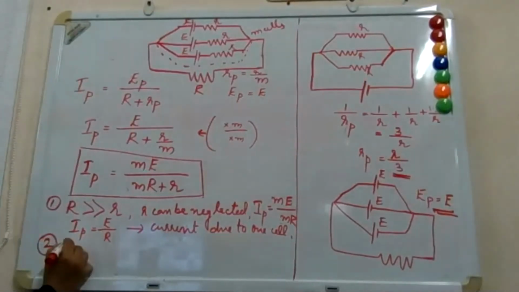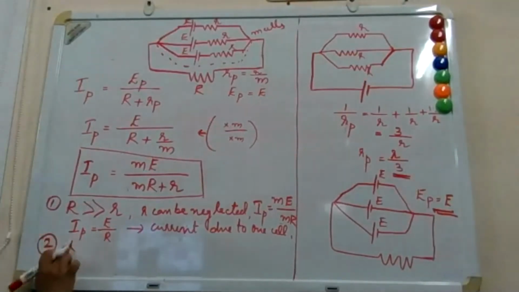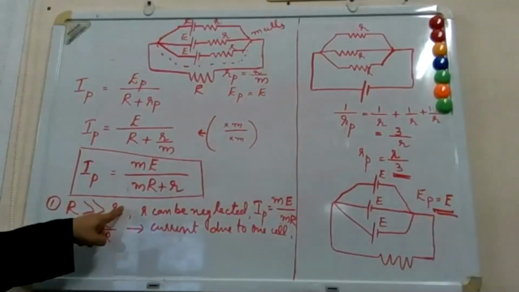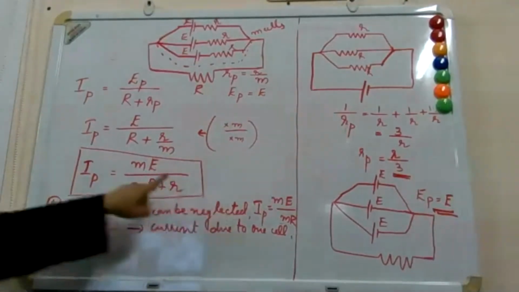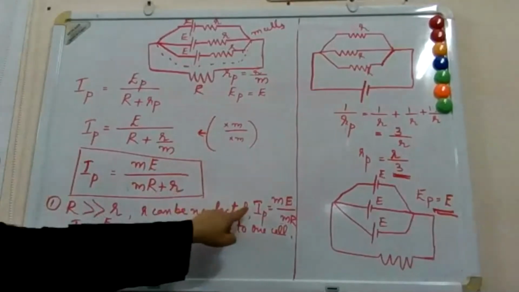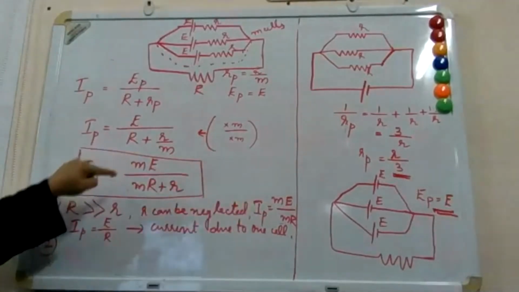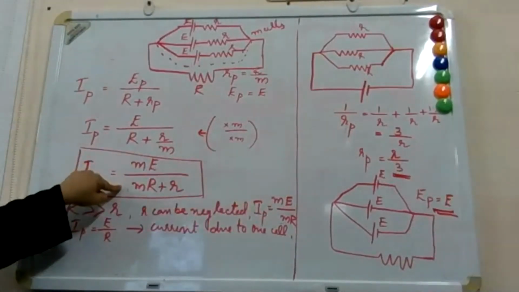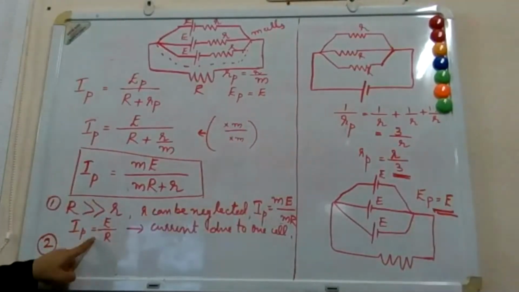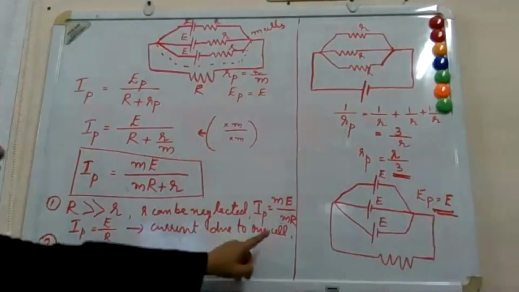Okay, now the second case. When the external resistance is very much greater than small r, small r can be neglected. So this term will go and you will get IP equal to ME by MR, or IP will be equal to E by R. E by R means what?